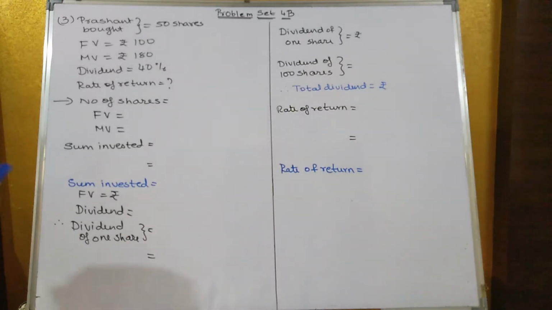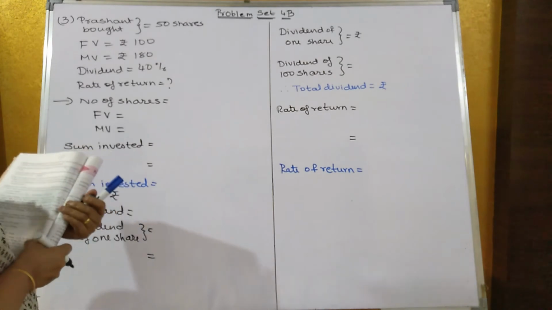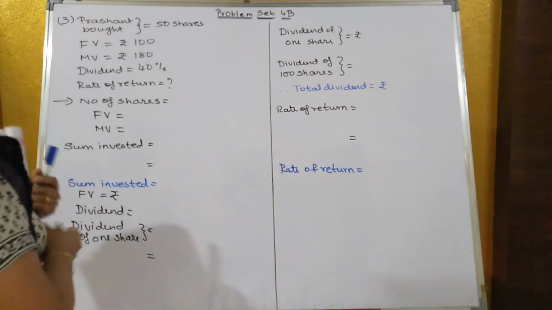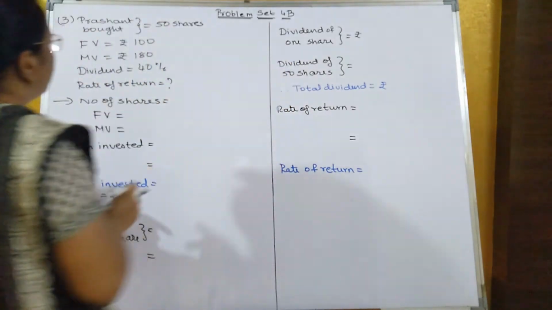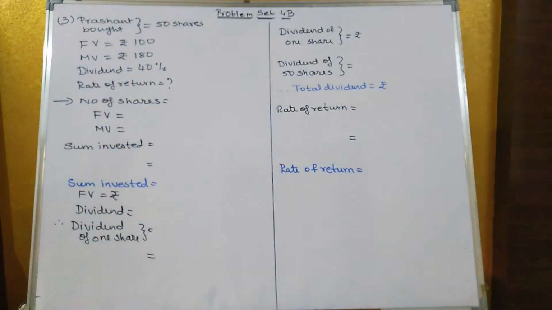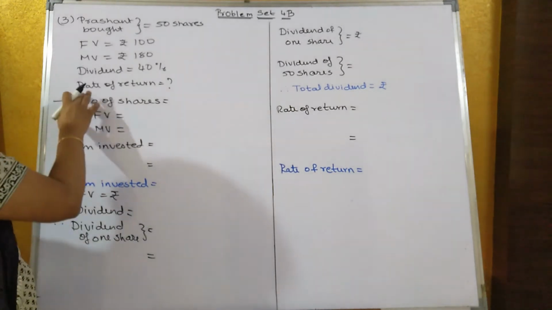Now third sum. Prashant bought 50 shares. Face value is rupees 100, market value is rupees 180, and dividend is 40%. We have to find the rate of return.